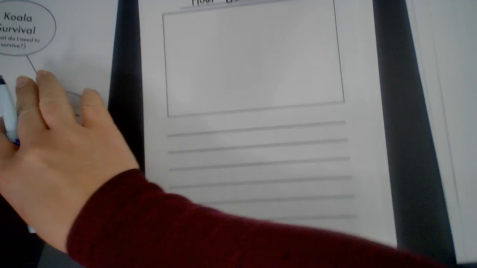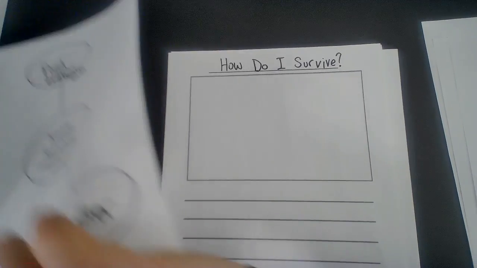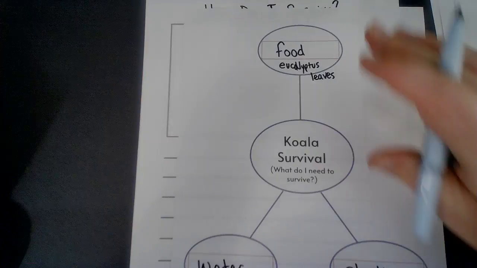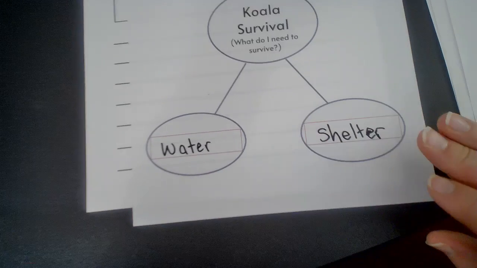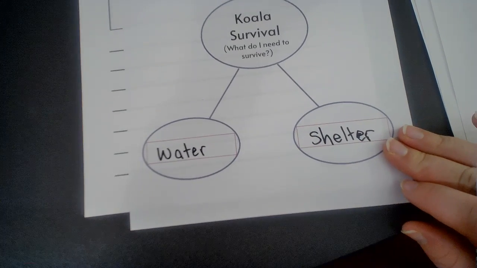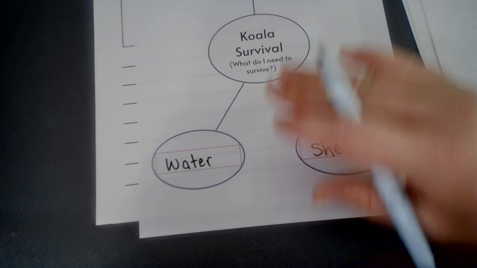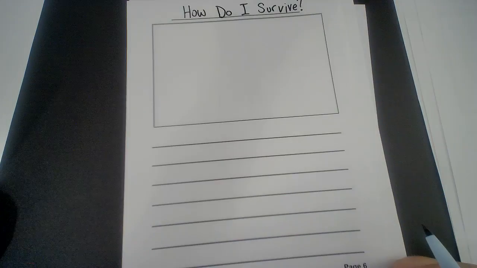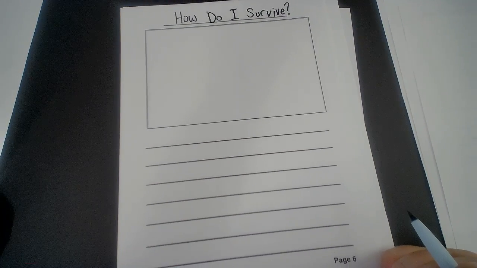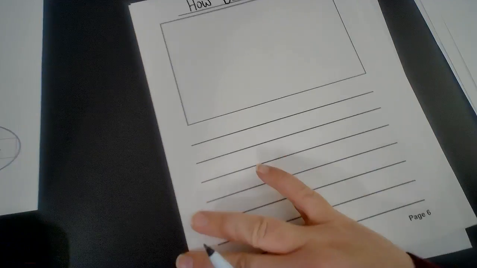Okay, so today I'm going to let you do a little bit more of your own writing. We're going to write about food, water, and shelter. So those are three things. So I'm going to make my first sentence be about koalas need 3 things to survive. So I'm going to write that.